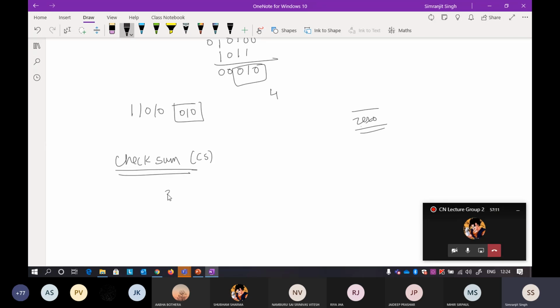Keep in mind, we use a 32-bit checksum in the data link layer, and we use a 16-bit checksum in other layers like the network layer. In the network layer, the checksum is mostly used in the IP protocol, TCP and UDP. I'll show you when I come to it. In the header of TCP and UDP, there will be checksum bits given to you.